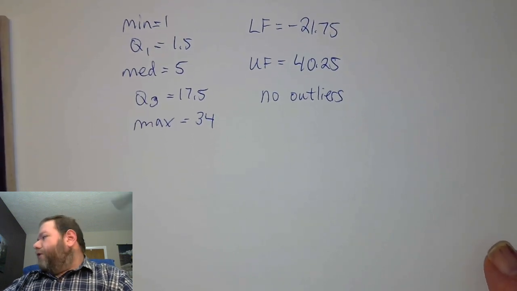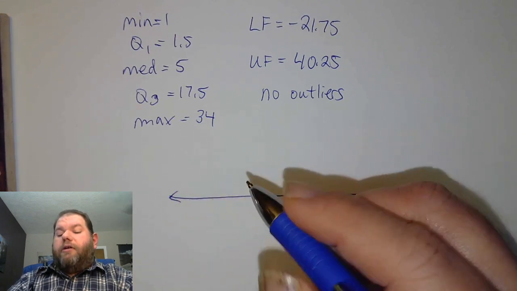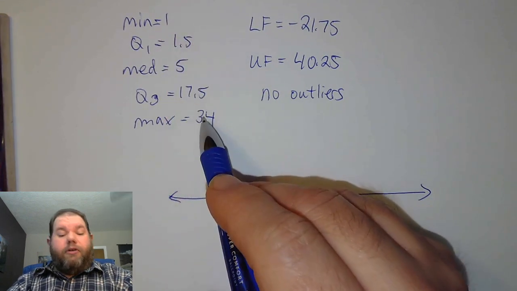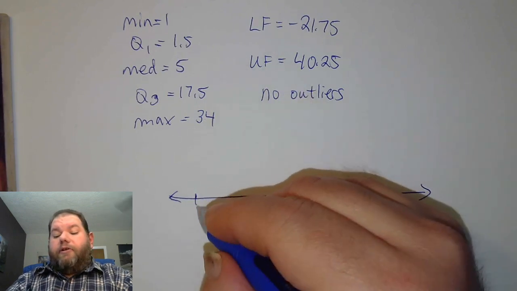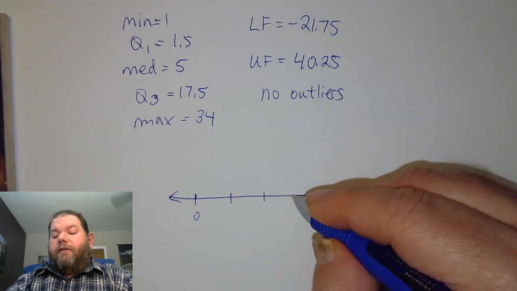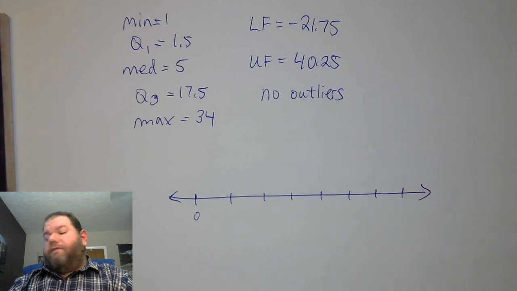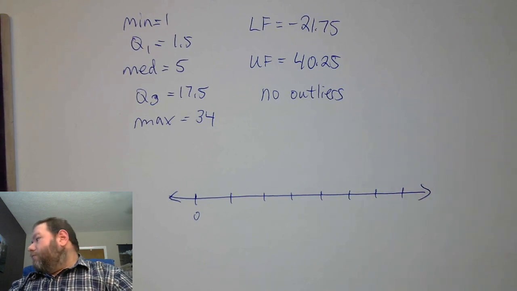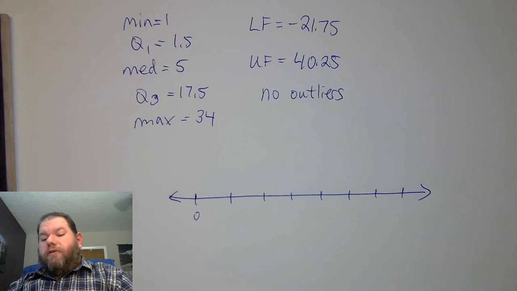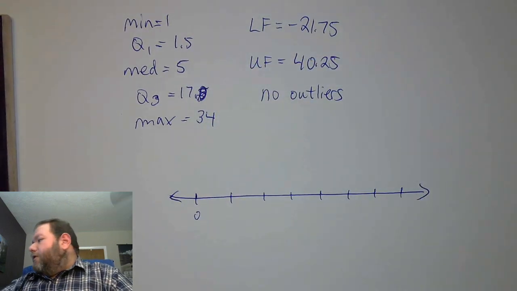Okay, so to create a box plot, I'm going to make a number line first of all. And I have to include the numbers from 1 to 34 at least. So I'll start at 0. I'm going to count by 5s: 5, 10, 15, 20, 25, 30, 35. Q1, Q3, 17, right.